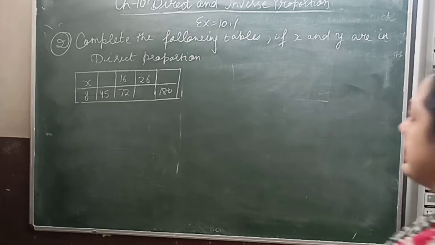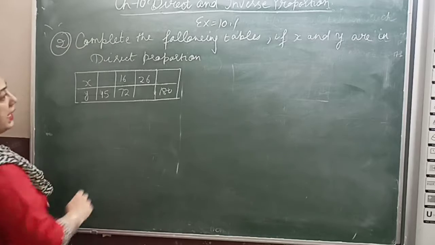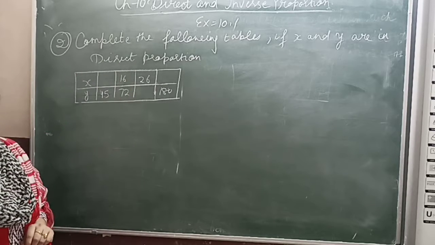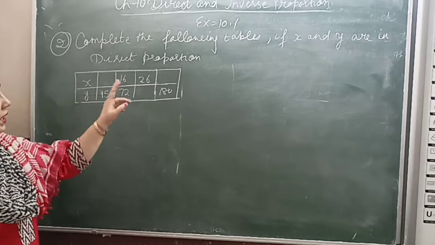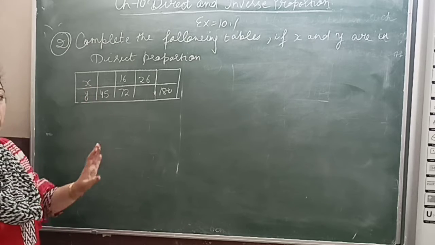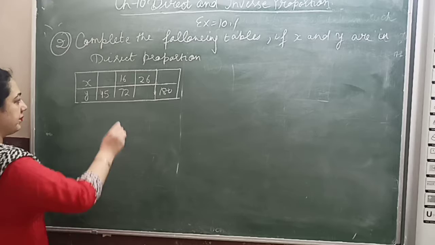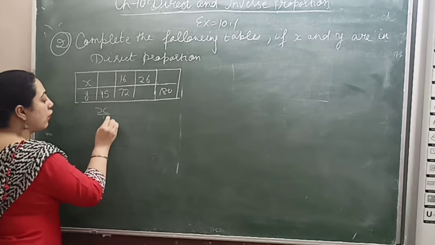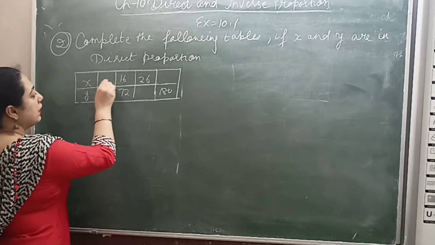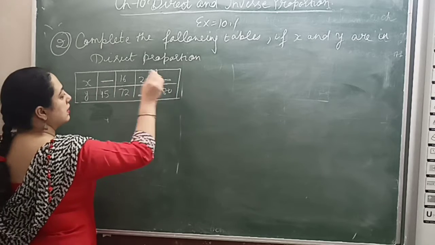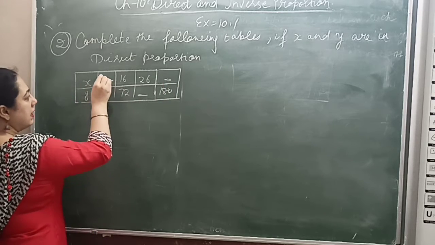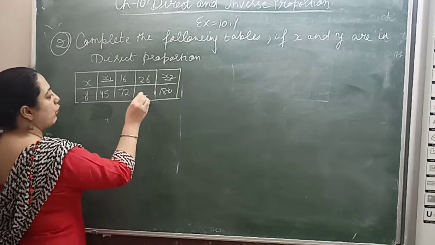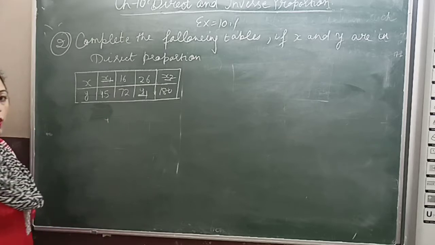Sum number 2 is: complete the following table if x and y are in direct proportion. Beta, you everybody know in direct proportion x over y is a constant, or x over y remains the same, right? Now first of all, we have to find the values which are missing in this table. Let us take x1, x2, and on the y side y1.